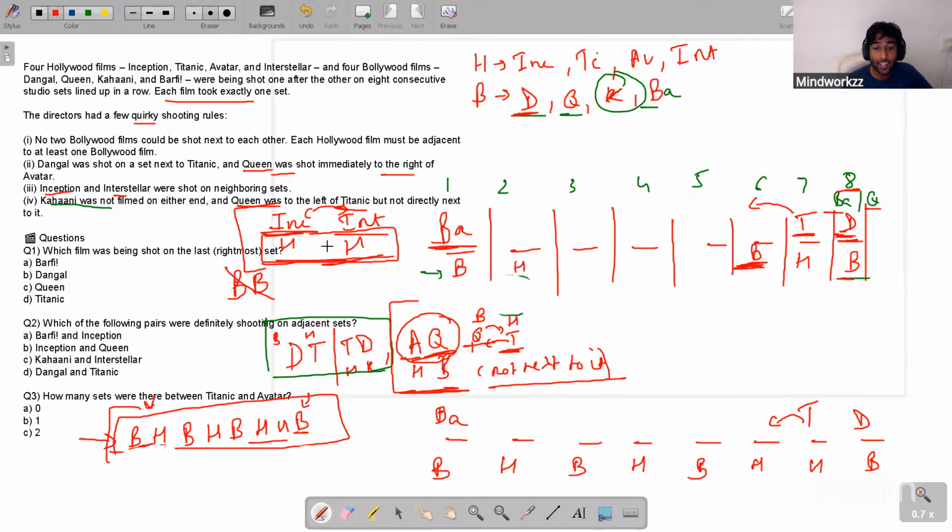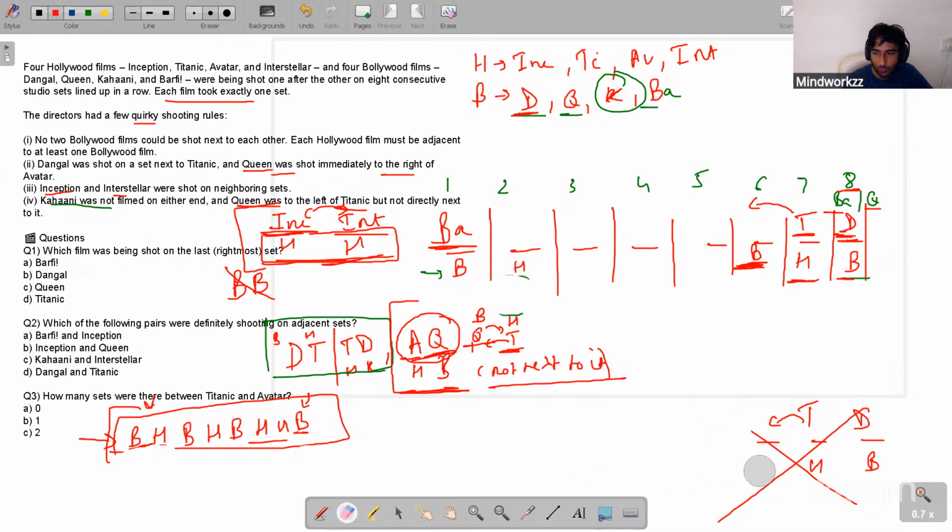They are not Titanic and some other film. So that's why this second case will get rejected, because the Hollywood film here is actually Titanic and it is not Interstellar or Inception. That's why you cannot have a Hollywood film on the left of Titanic. So it has to necessarily be a Bollywood film. So that's why this case will get rejected.